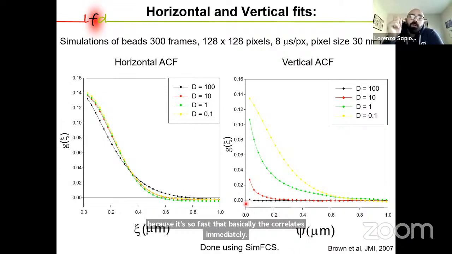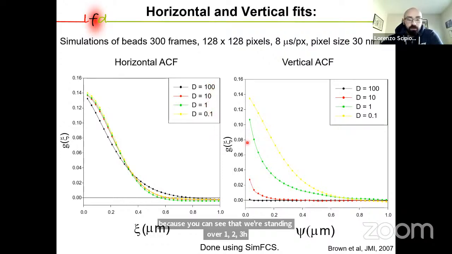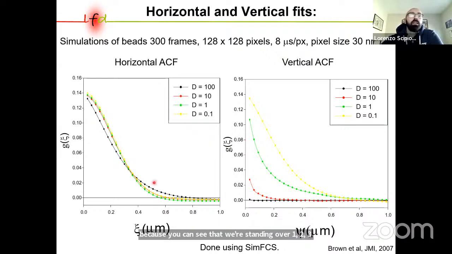So this is useful. Why? Because it gives you intrinsically a very large dynamic range in which to compute the diffusion coefficient, right? Because you can see that we're spanning over 1, 2, 3 orders of magnitude quite easily, actually. And this is barely modified.